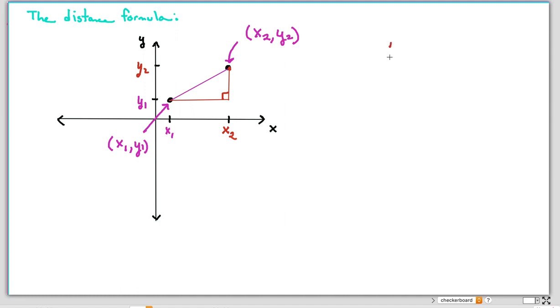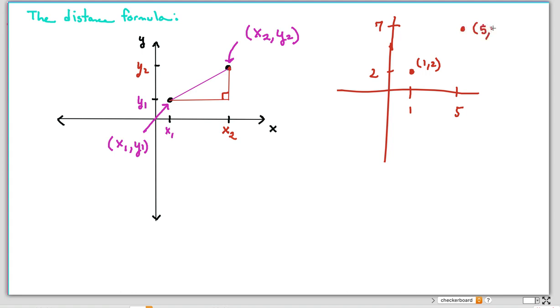And if you have trouble seeing that, let's say this is 1, this is 5, and this is 2, and this is 7. You should see that this point right here is 1, 2, and that this point over here is 5, 7. This is the general idea. This is 5, and if I went up, this would be x2 along x.